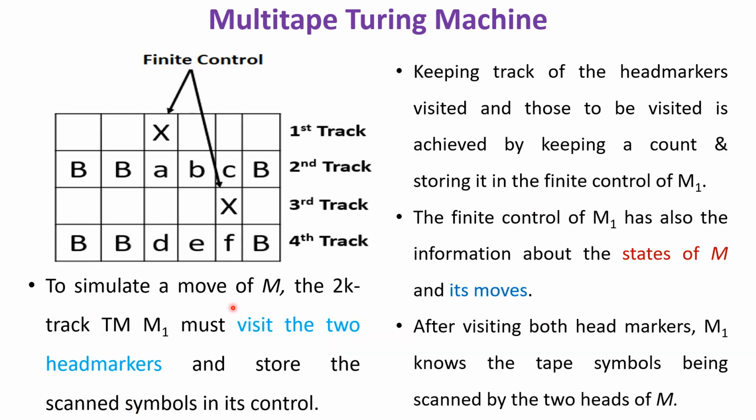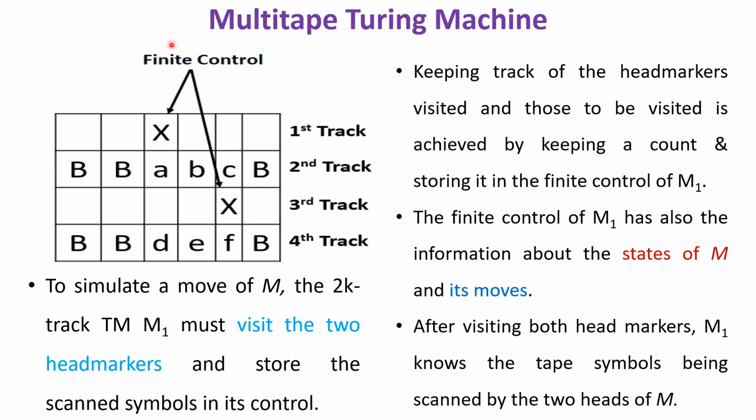To simulate a move of M, the 2k-track Turing machine M1 must visit the two head markers and store the scanned symbols in its control. Keeping track of head markers visited and those to be visited is achieved by keeping a count and storing it in the finite control of M1.